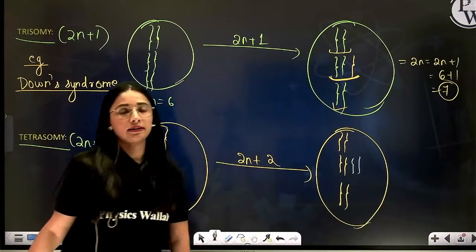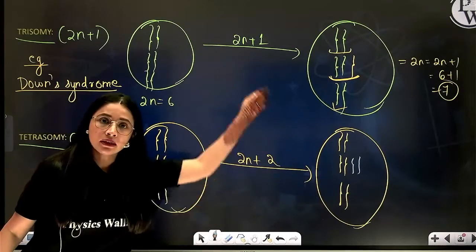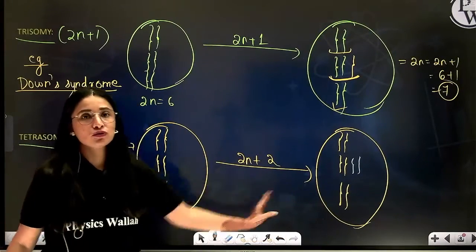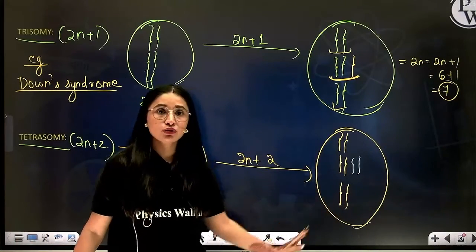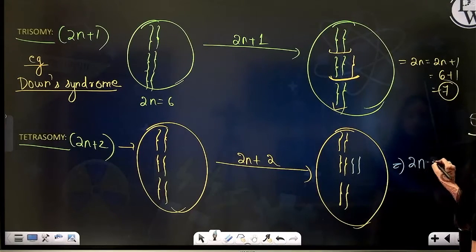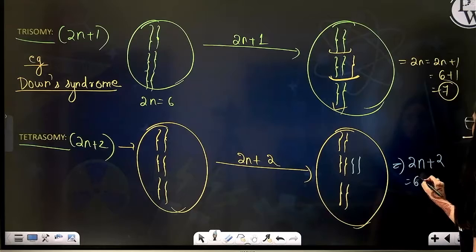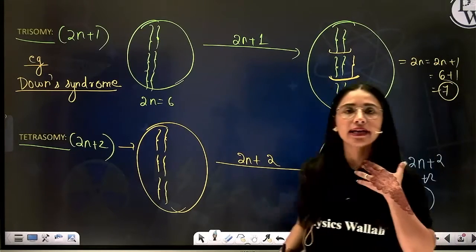This is tetrasomy. When one complete pair of any one of the pair of the natural chromosome gets increased. So this is known as 2n plus 2 condition, which means 6 plus 2, 8 chromosome will become in the karyotype.